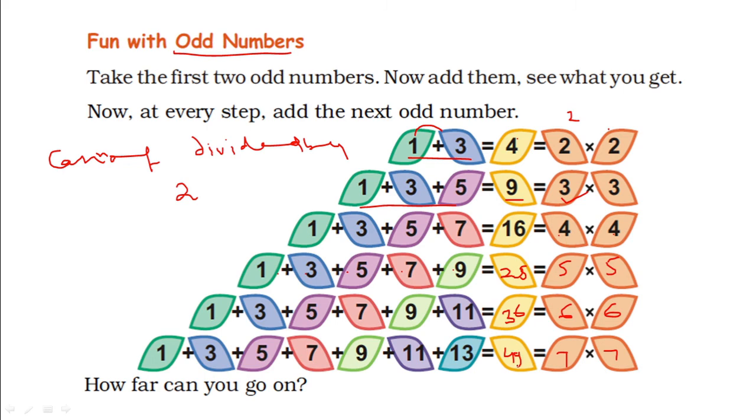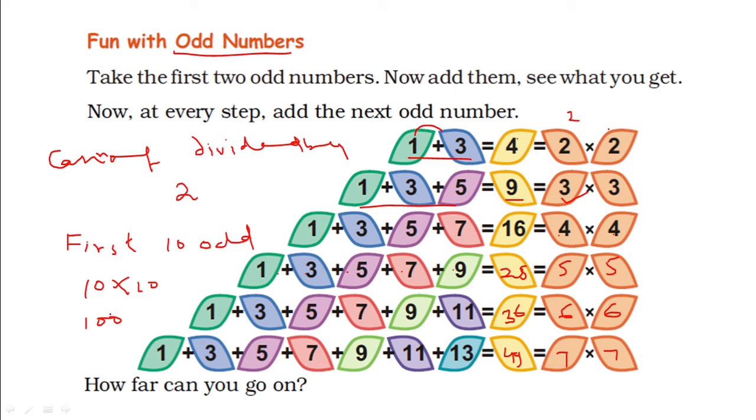49. So if we have to find the sum of the first 10 odd numbers, what we have to do is just multiply 10 by 10, that is 100.